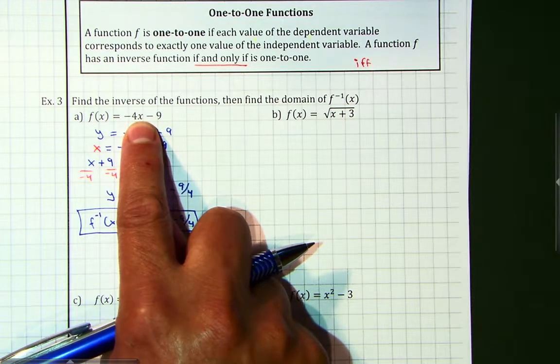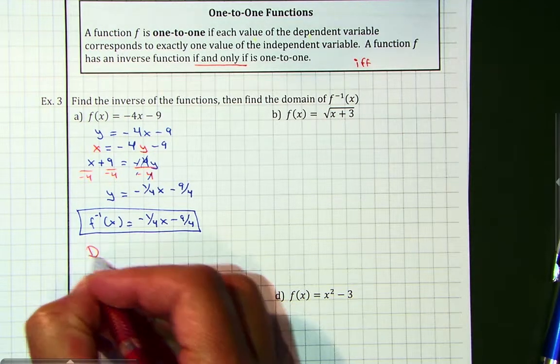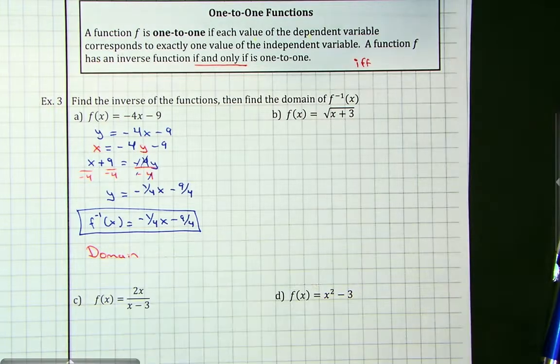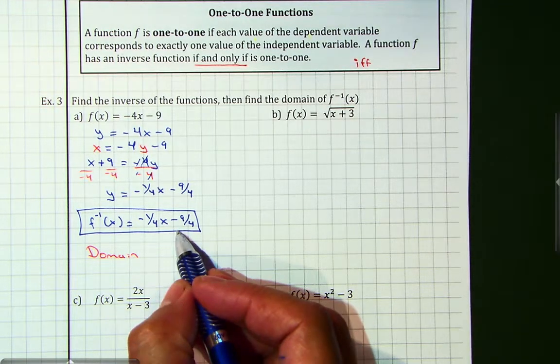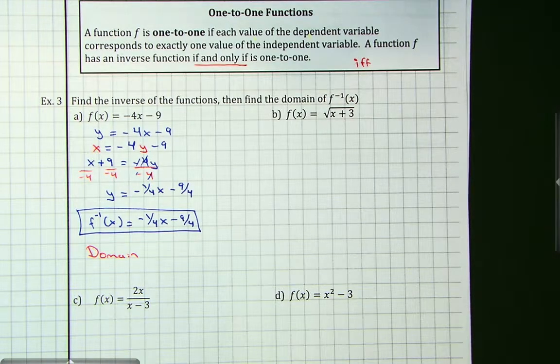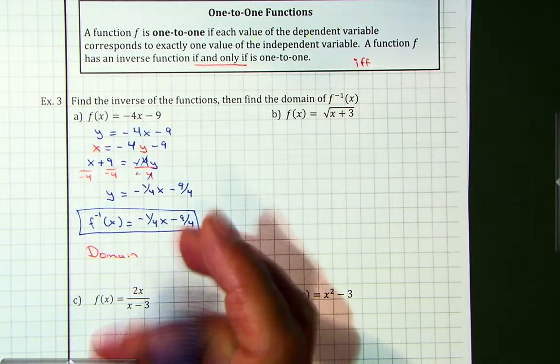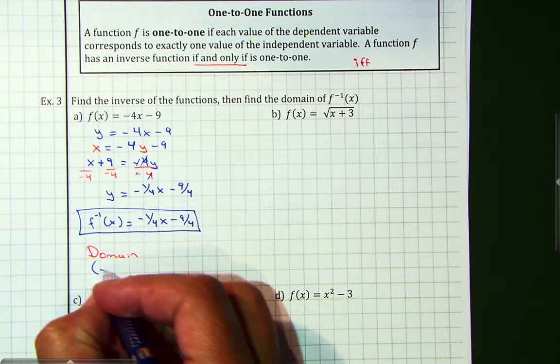The range will be all real numbers. So therefore, the domain for this function is going to be what the range was, because your x's become the y's and the y's become your x's. So what is the range for this function? All real numbers. So therefore, the domain for this function will also be all real numbers.